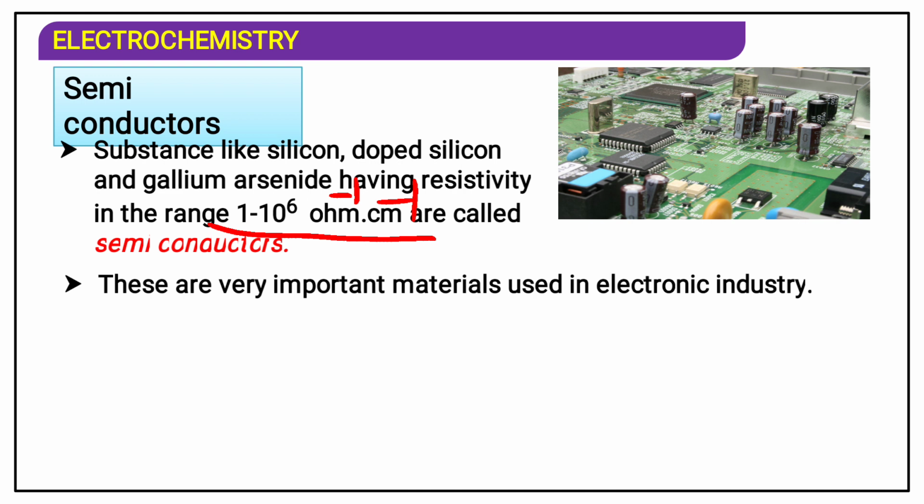I think we have one separate chapter in our second PUC or 12th standard about semiconductors. Why? Because they play so much of a role in our day-to-day life to prepare so many electronic gadgets and electronic materials. So that's why we just learn in chemistry what semiconductors are.